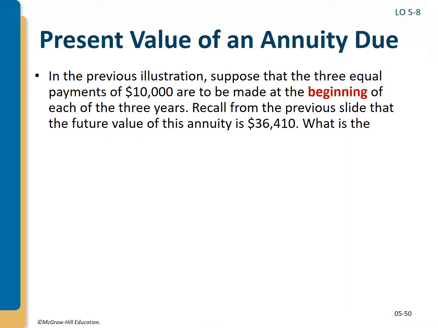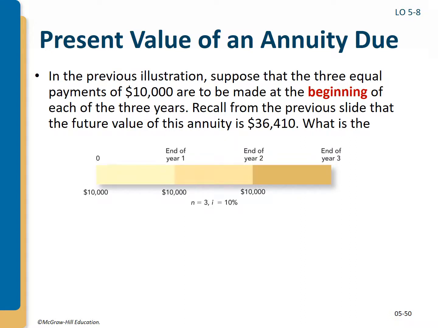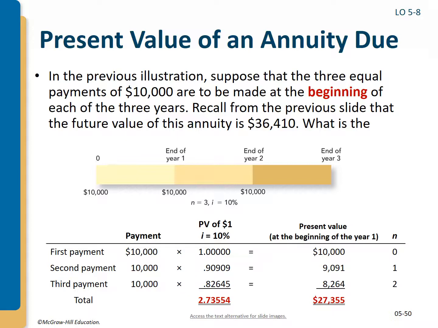What if instead she decides she wants to make them at the beginning of each year? Well, now she'll be calculating present value of an annuity due because the payments are assumed to be at the beginning. Okay, so she'll use 10%, 3 years, table 6, 2.73554, or $27,355.